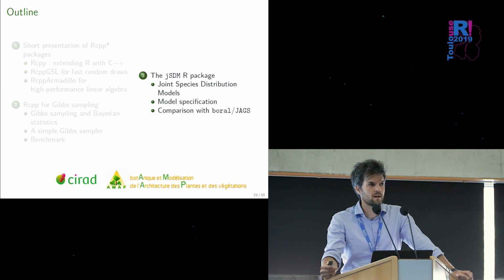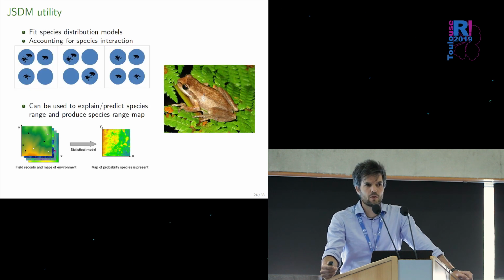I will present an example of a joint species distribution model, which implements the use of Rcpp and the associated packages for the Gibbs sampler. These models are useful in ecology to fit species distribution models, and they account for species interactions.